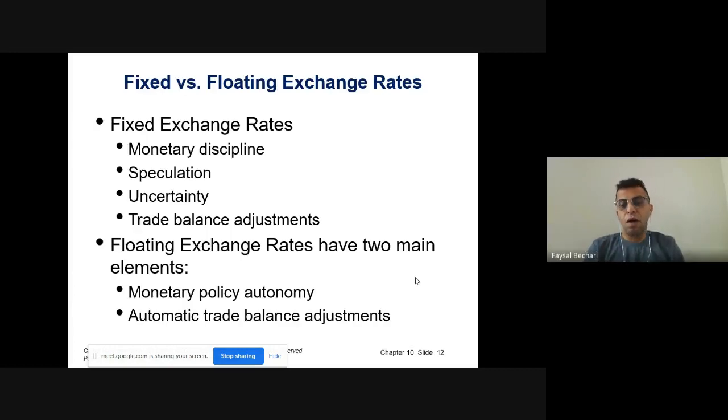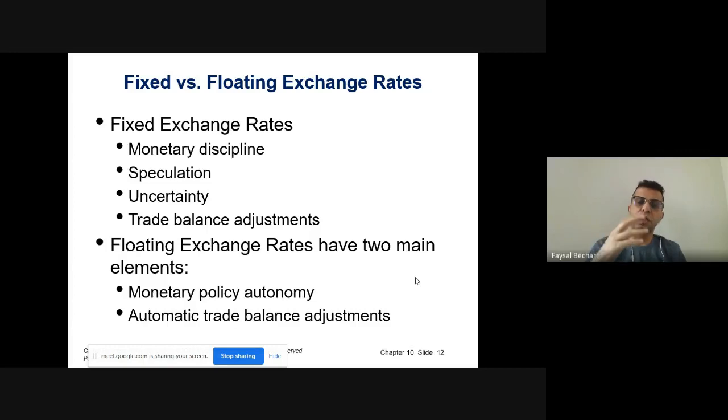Now, back to fixed versus floating exchange rates. In a fixed exchange rate, there is a monetary discipline. They keep the money pegged or fixed.